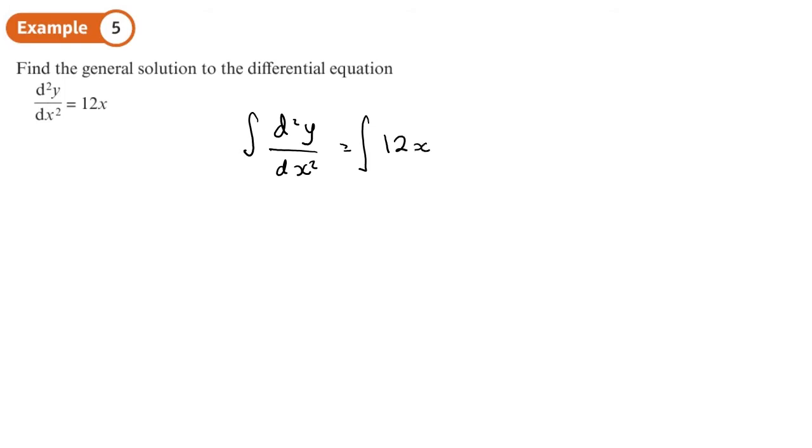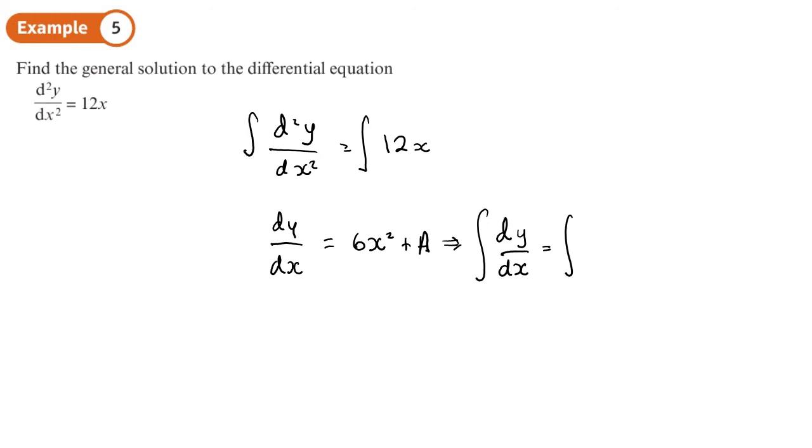Integrating once leaves me with dy/dx, and that will give me 6x squared plus, and I'm going to call this arbitrary constant A. Then I want to integrate that to find out what the constant is the second time. I should really be writing dx after these when I integrate.